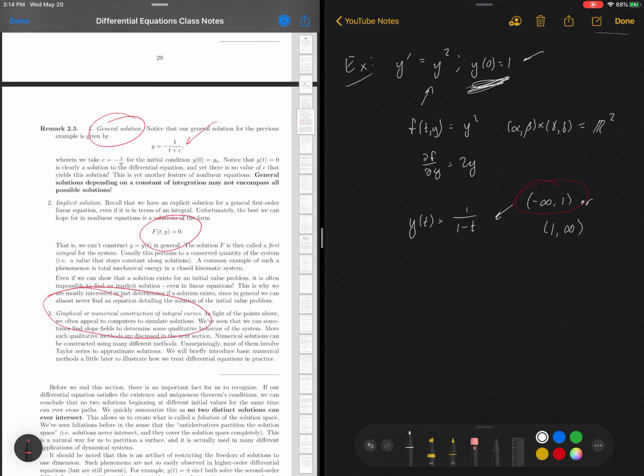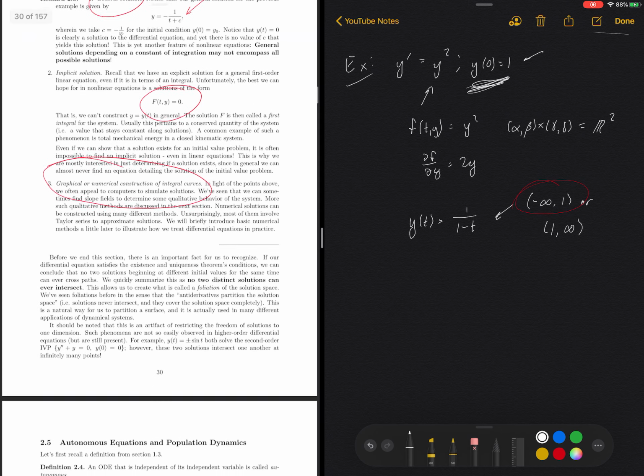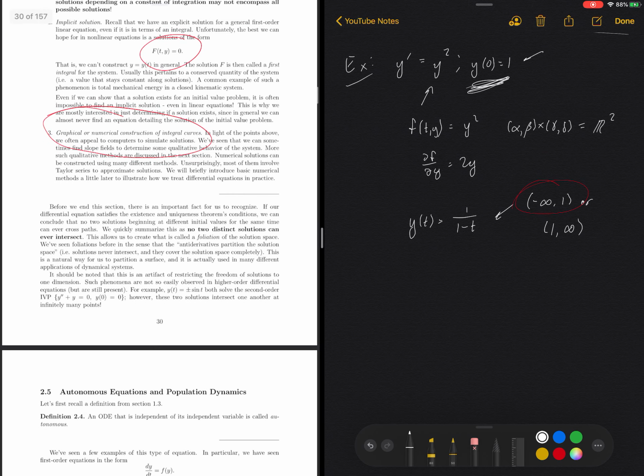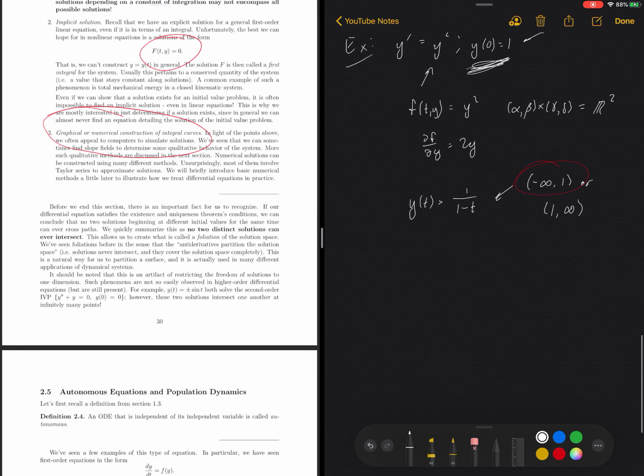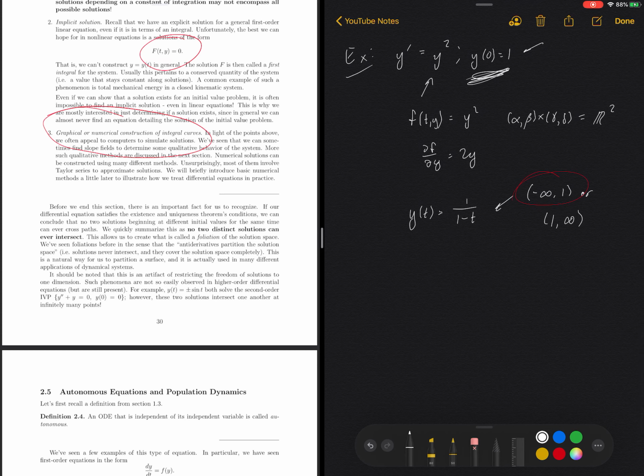This also gives us a good reason to start pursuing graphical and numerical constructions for these solutions of differential equations. We'll talk a little bit about how you might go about constructing a numerical solution.